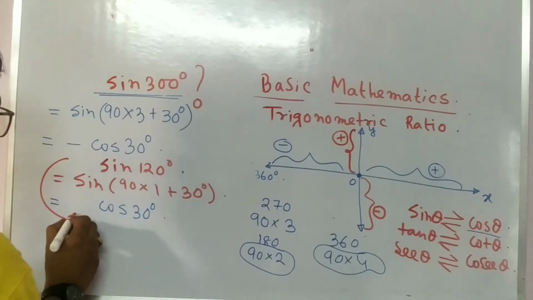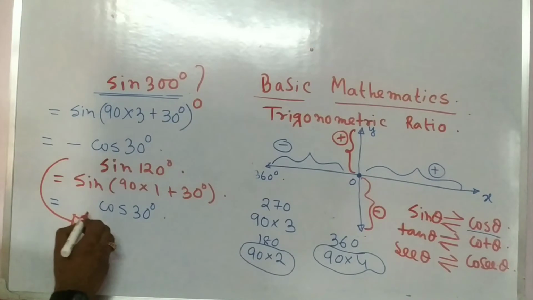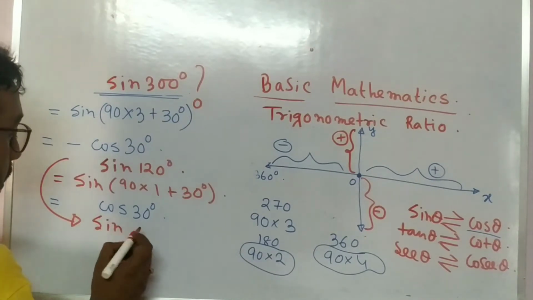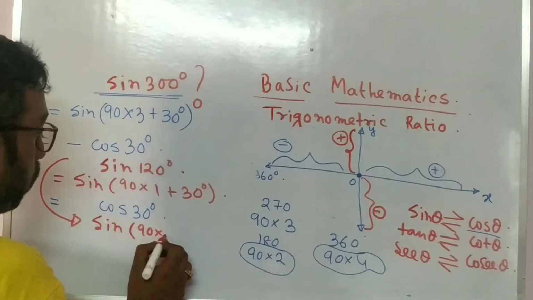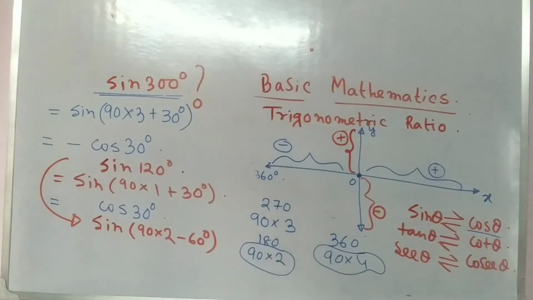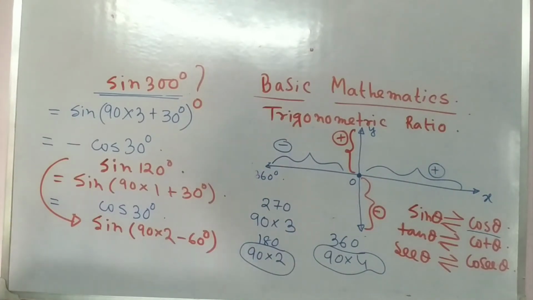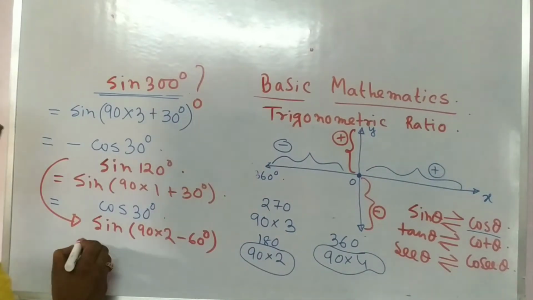Okay, now you see, we can convert the sine 120 degree in a different manner. Okay, so we can write sine of 90 into 2 minus 60 also. Here you can see that it is an even multiple of 90, right? So there will be no change.